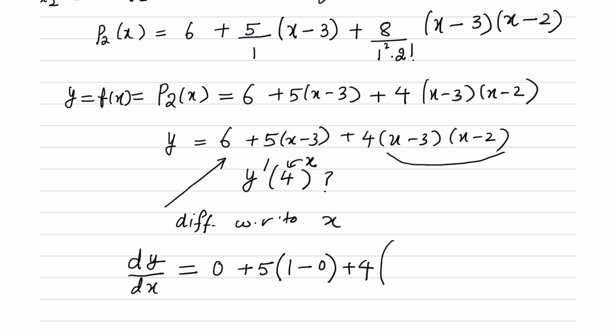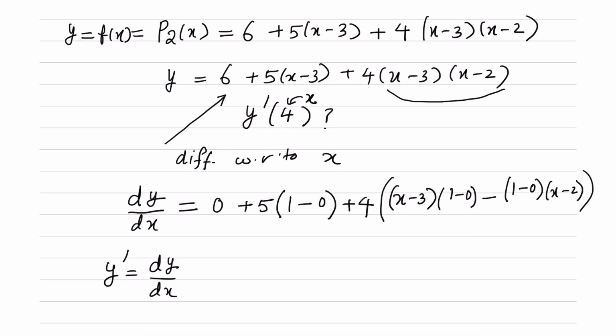What does the product rule do? First term as it is multiplied by the derivative of the second term. The second term here is x minus 2. Its derivative with respect to x is 1 minus 0. Then the first term's derivative: the first term is x minus 3, and its derivative is 1 minus 0, and the second term as it is.